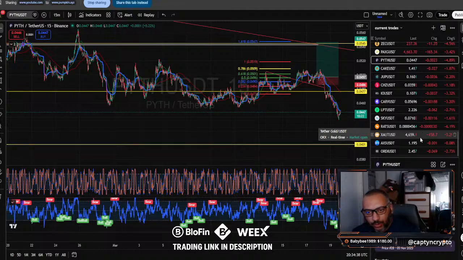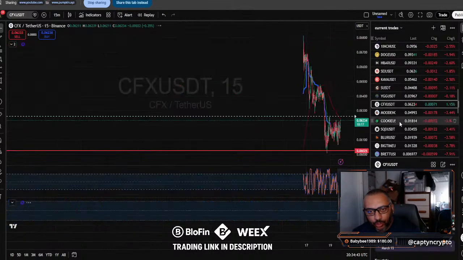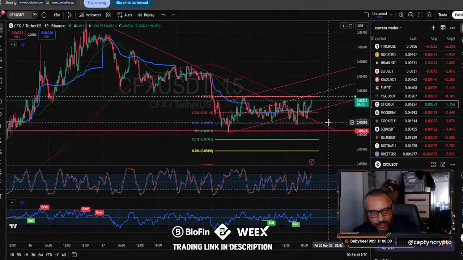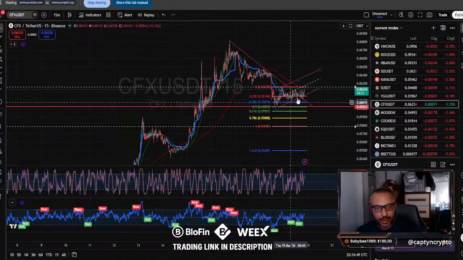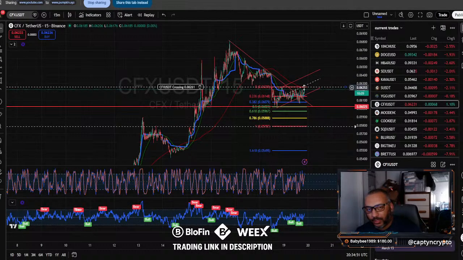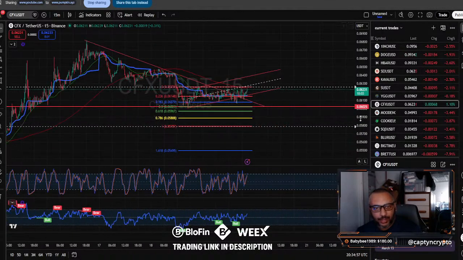How's it going? It's going all right. I just got out of a short on Conflux because it doesn't want to go down. We were in a nice downtrend, nice bear flag, below the 200 simple moving average on the 15-minute, and it just doesn't want to roll over for me. So I got out of the trade.